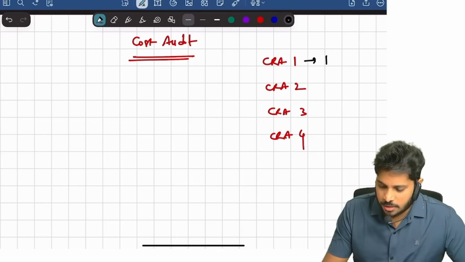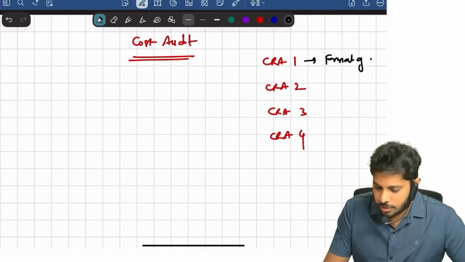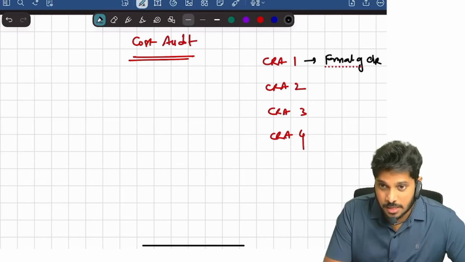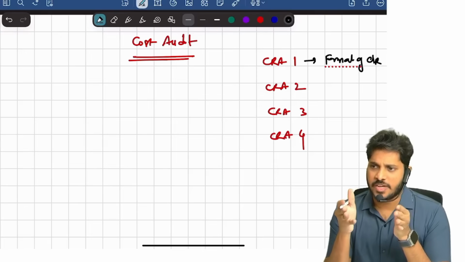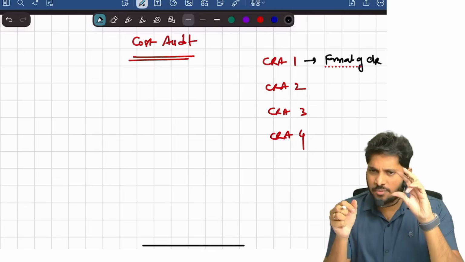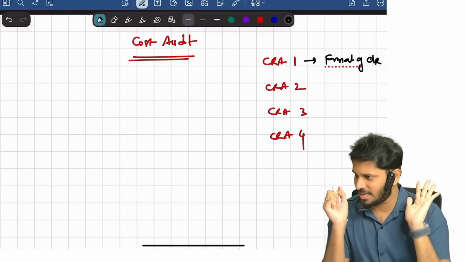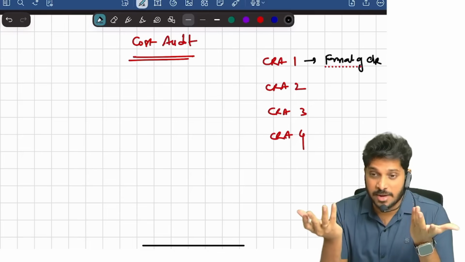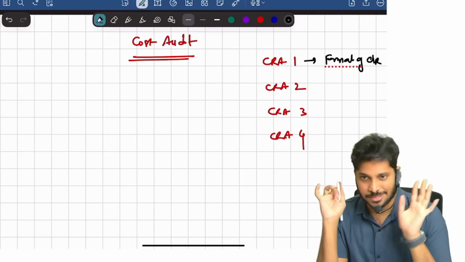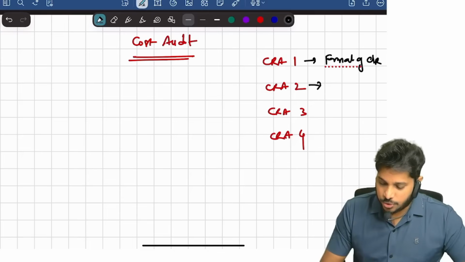CRA 1 is the format of cost records. Every company which meets the 148 subsection 1 criteria has to maintain cost records. In which format do they need to maintain them? CRA 1 format.